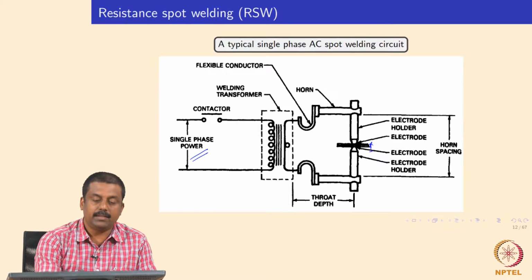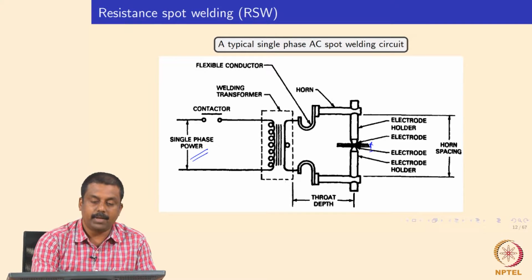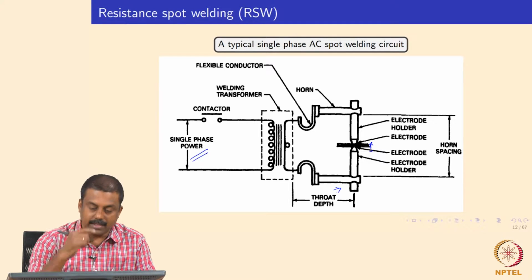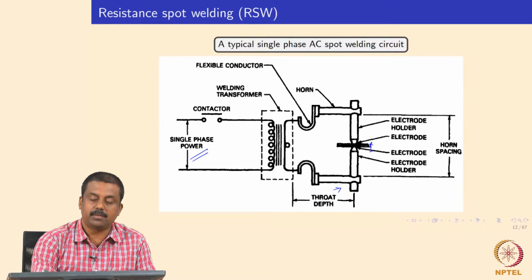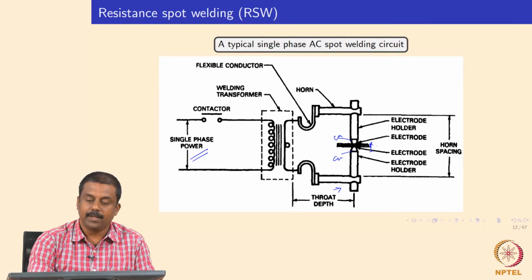The power source contains a transformer, which is connected to a throat, and generally it is a flexible conductor. A horn is connected to the flexible conductor to get the current from the transformer, which is passed to the copper electrodes, and when you pass a current, you have heat generation by Joule heating.